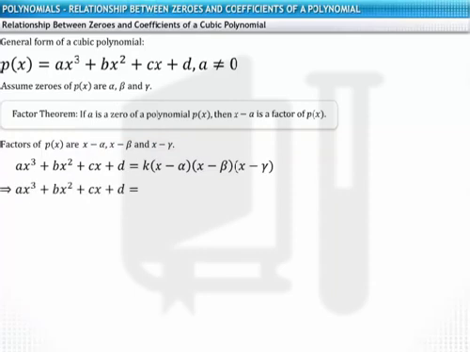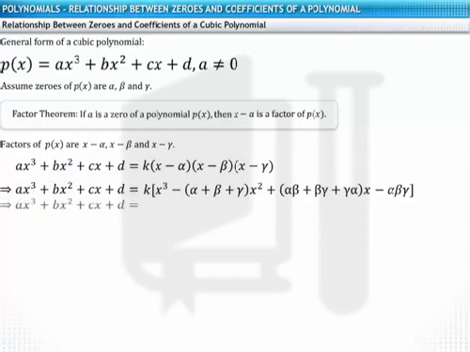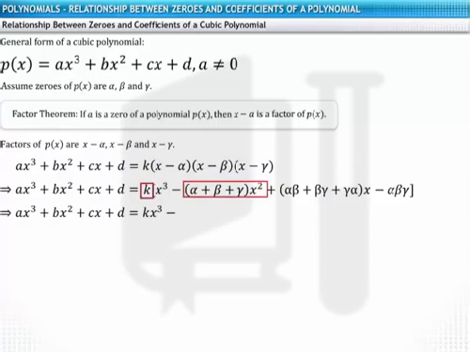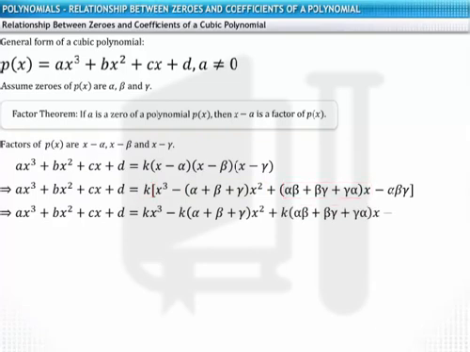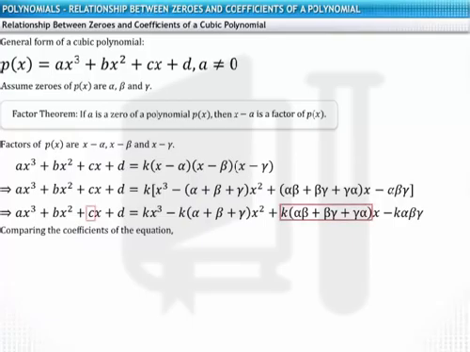Let's simplify and rearrange the right-hand side of the equation. Now, we'll compare the coefficients of x, x square, x cube, and the constant term.